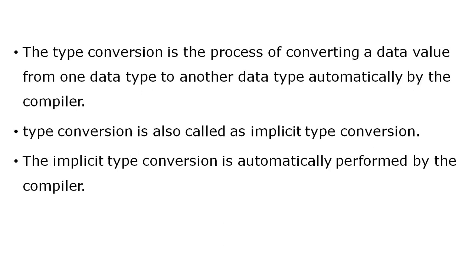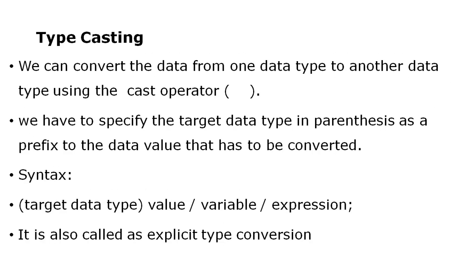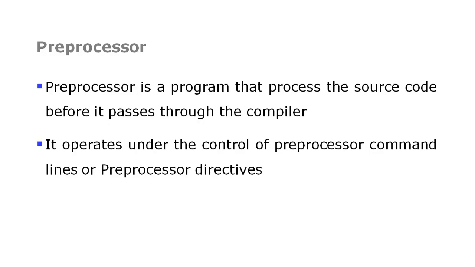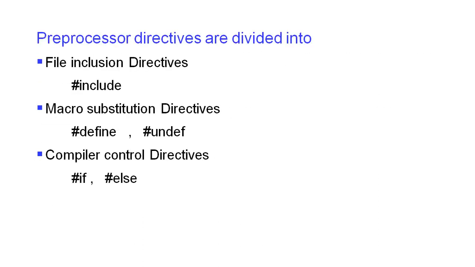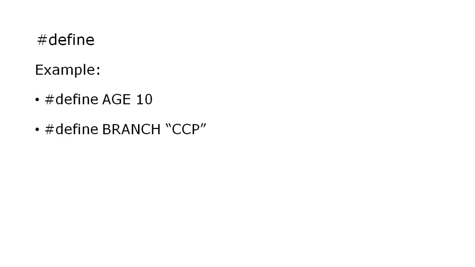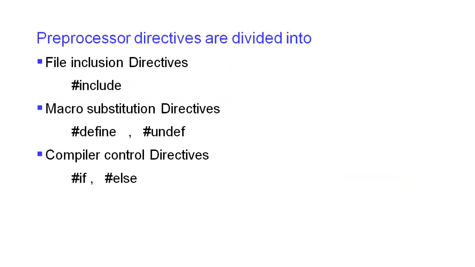The type conversion, and then type casting, and then preprocessor directives. You have already seen what a preprocessor directive is. The statements which we write using #include are called preprocessor directives. The #define statement is used to declare constants.